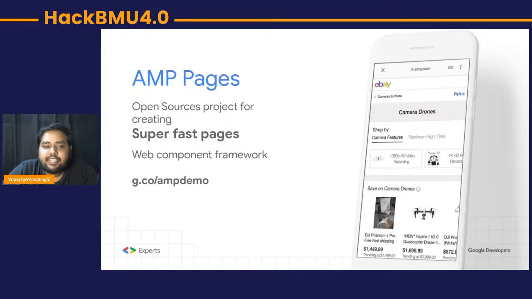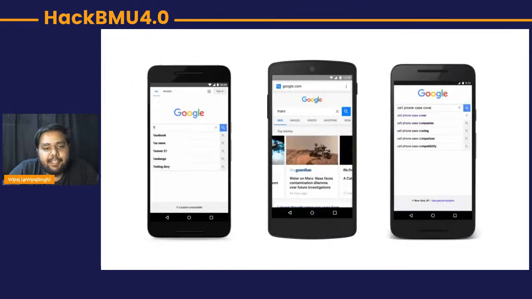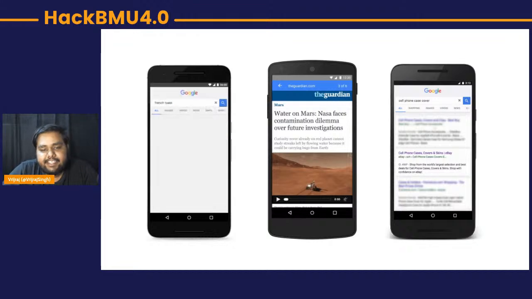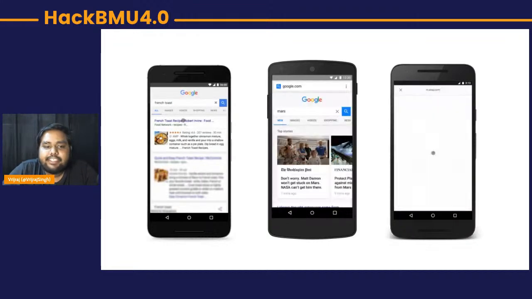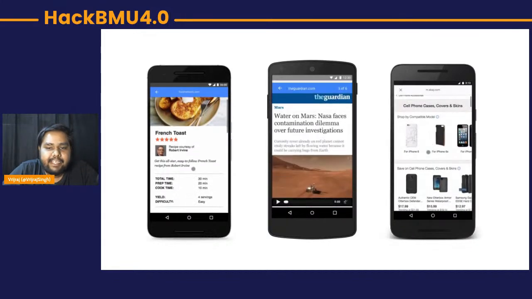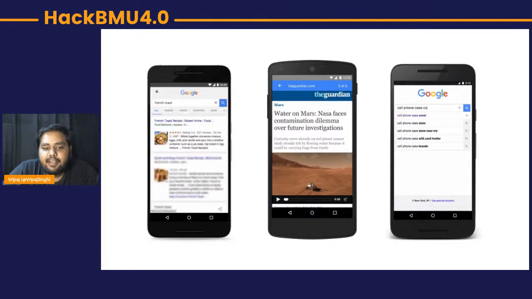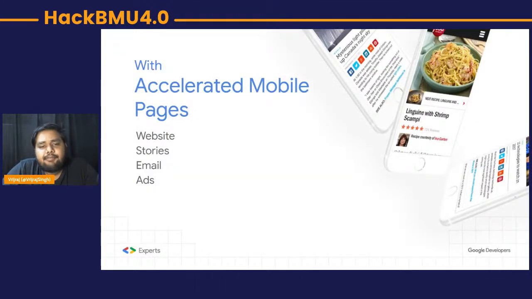If you want to check a super fast web page on the existing internet, just go to the link g.co/ampdemo. You might have seen this in your day to day life. These are all things working on AMP. With the help of AMP, you can create accelerated mobile pages.